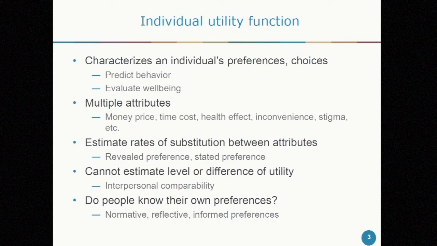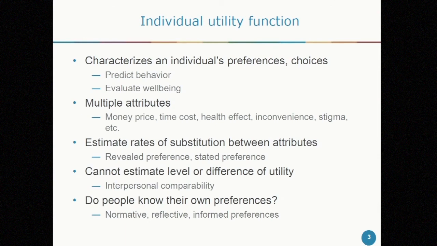If we introduce some ordeal or some other institution, we want to know how people will act, and it's also useful to evaluate their well-being. Typically, multiple attributes go into a utility function. We care about lots of things: income, free time, dignity, health, many other things. We can estimate people's preferences for one attribute relative to another. We think of marginal rates of substitution, the rate at which somebody will give up a little bit of one desired attribute for a little bit more of some other desired attribute.